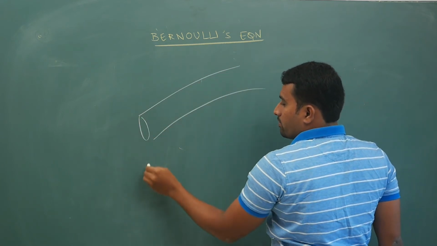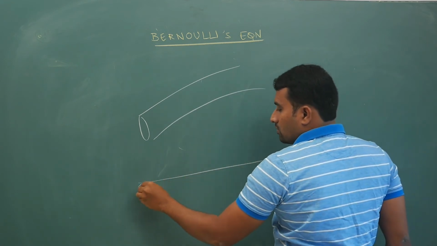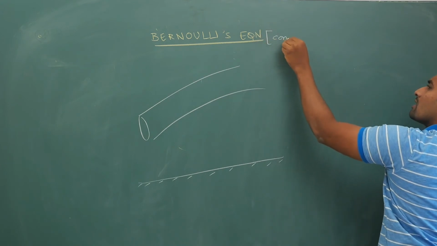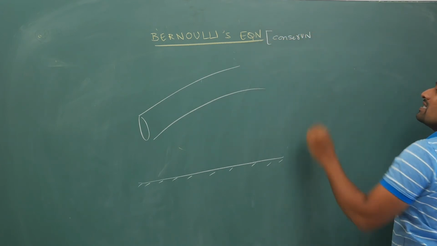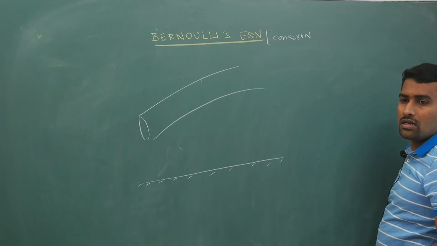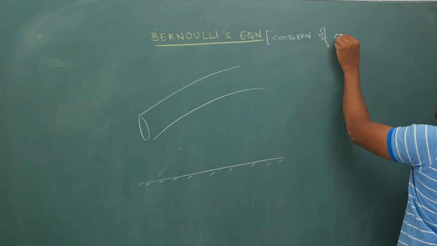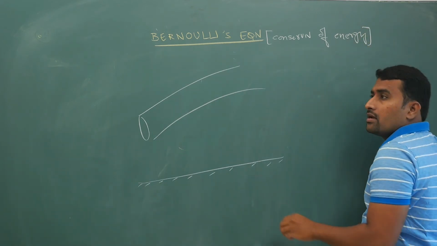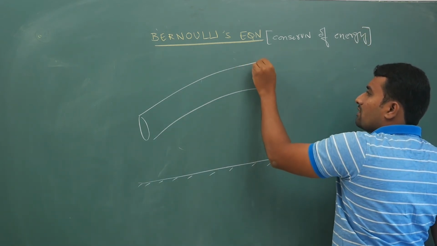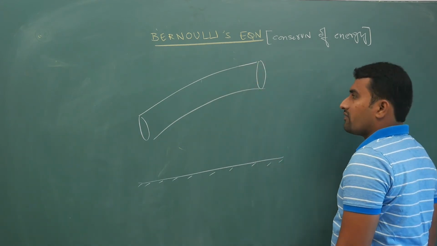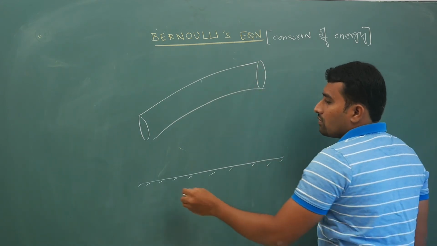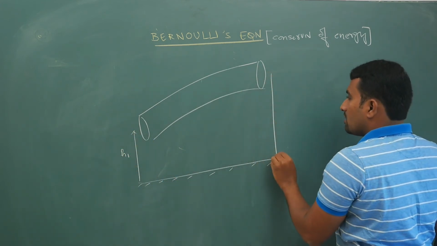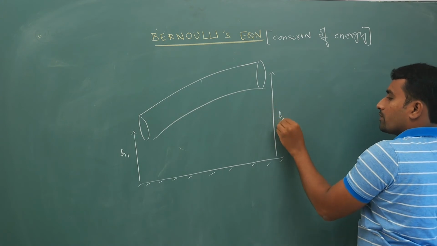If there is a pipe from the ground, it is basically nothing but conservation. Previously it was conservation of mass or volume, now it is conservation of energy. Your Bernoulli's equation is indirectly a consequence of conservation of energy. So now here, if you take this kind of height from the ground, this end is at height h1, this end is at height h2.